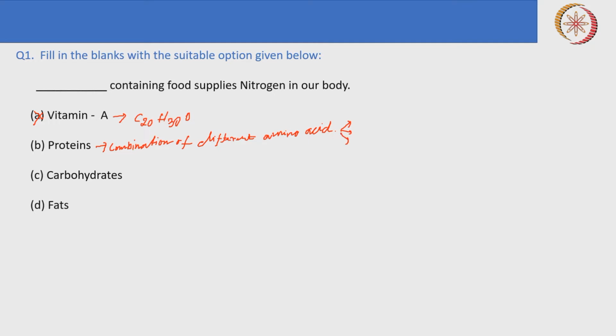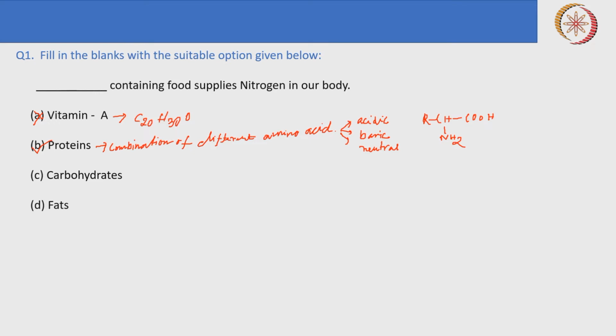Three types of amino acids are there: one is acidic amino acid, one is basic amino acid, and the other is neutral amino acid. The general formula for an amino acid is RCH(COOH)NH2. Here you can see the nitrogen group is present. That means protein can supply nitrogen in our body. So the answer is B.